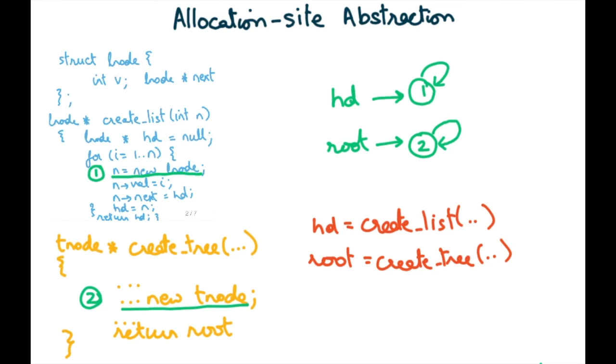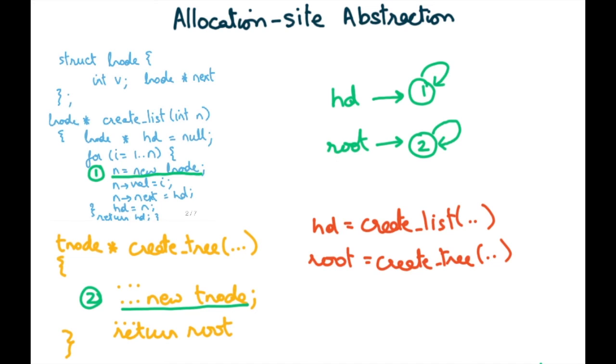Finally, for our linked list example, if I use the allocation site abstraction, then there were at least two allocation sites. One was the allocation site allocating an L node for create list, and there was another allocation site, maybe a part of the create tree function, allocating the tree node. If I use the allocation site abstraction, the points-to graph looks something like this. Head may point to an object allocated at allocation site 1, and an object allocated at allocation site 1 may point to itself through the next pointer.